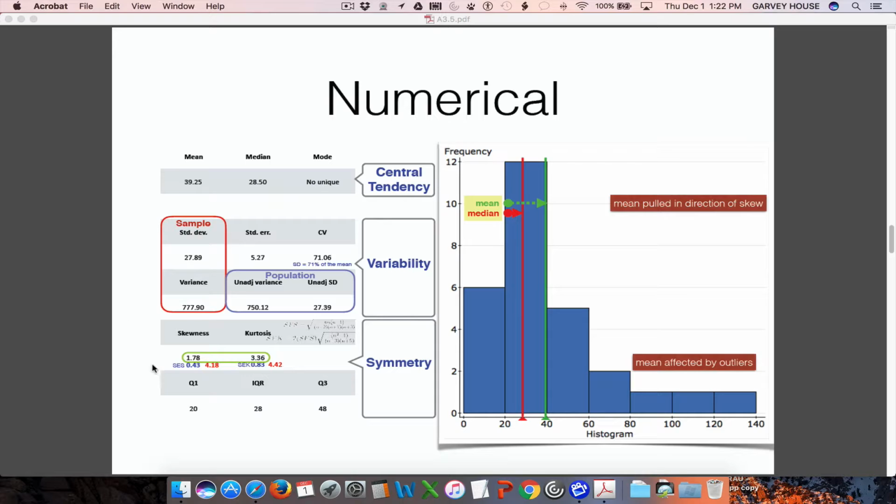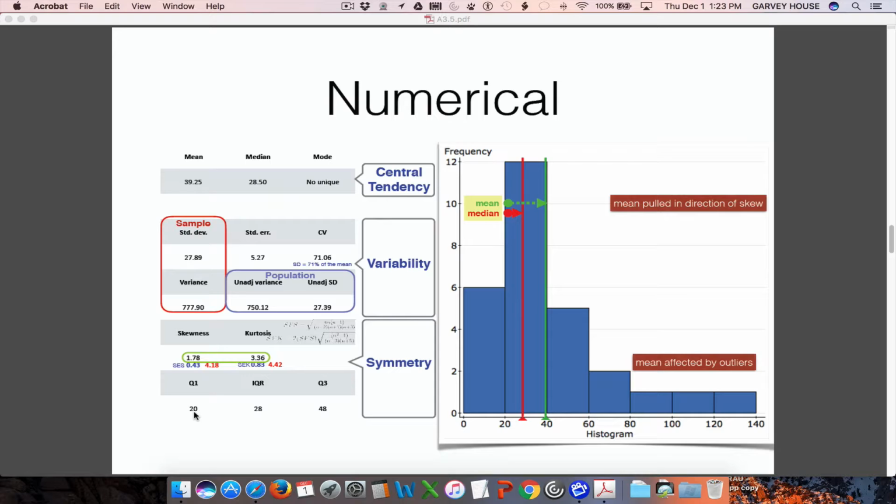And then finally, in terms of the numeric aspects of symmetry, we're going to look at skewness and kurtosis. Now, the book does give you some rules of thumb about how to assess skewness and kurtosis, and I think generally speaking, if they're above +1 or below -1, then those are indicators of skewness and kurtosis.